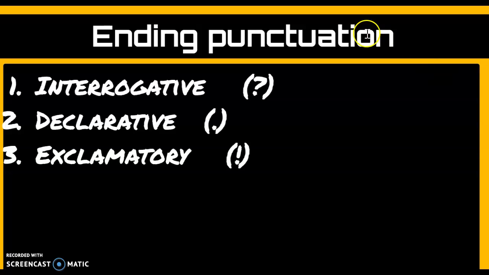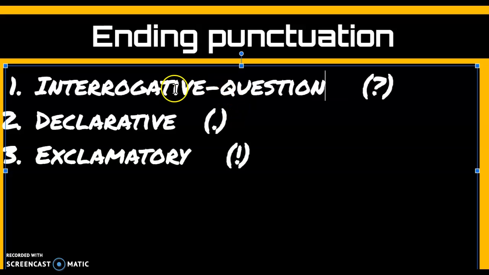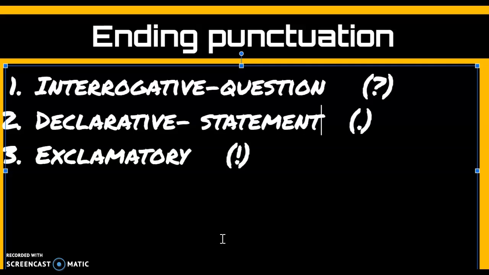We'll also be adding the correct punctuation points. An interrogative sentence is a questioning sentence, and we add a question mark at the end of interrogative. Declarative sentences are statements, and we add periods at the end.